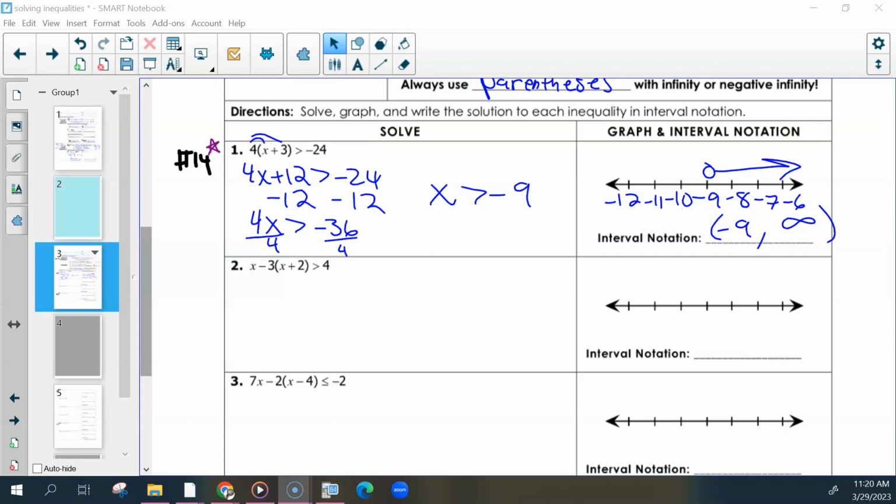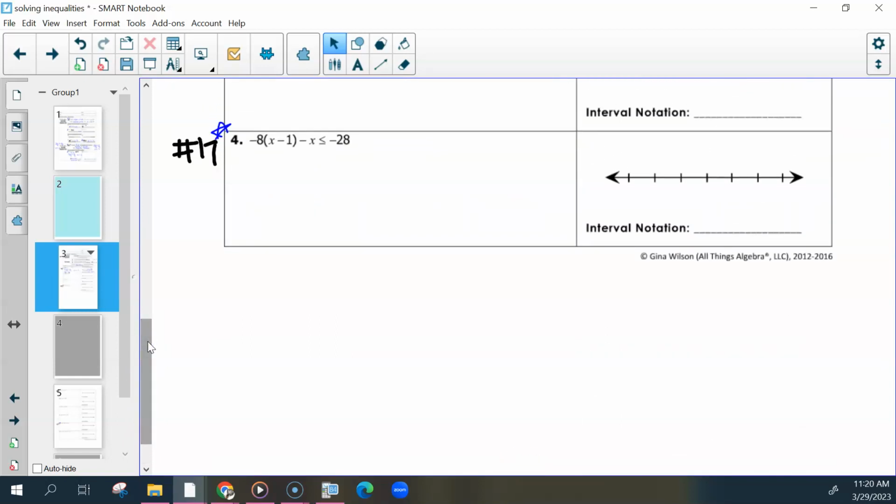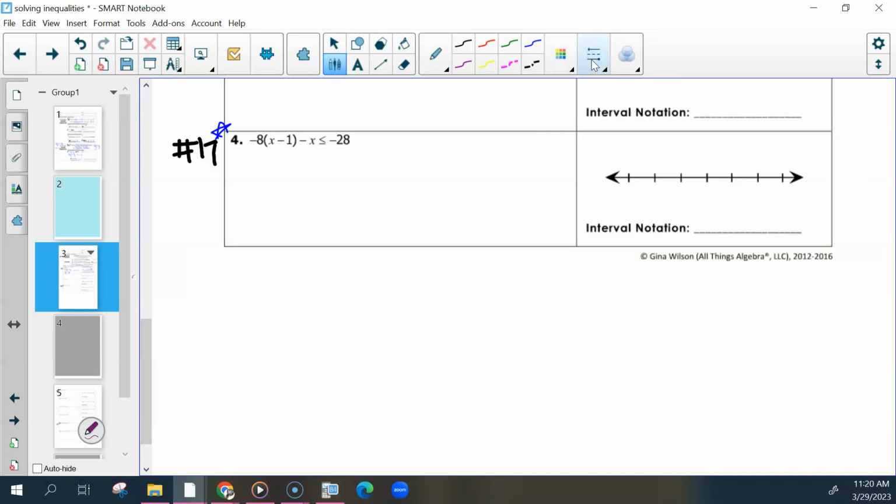Okay, let's try 4 on this page. How would we start that one? Be careful with your negatives. So -8x plus 8 minus x is less than or equal to -28. What would we do next? -8x minus x, so -9x.